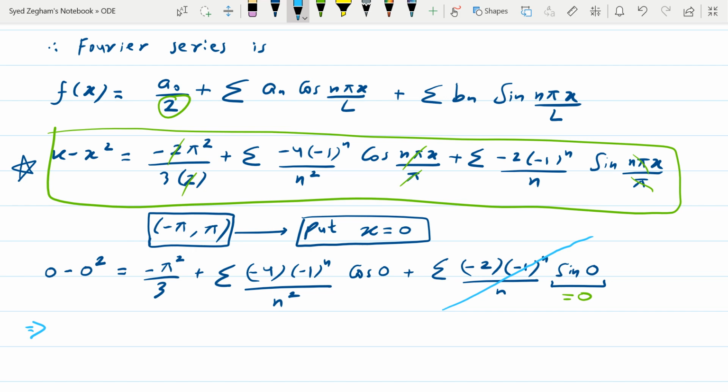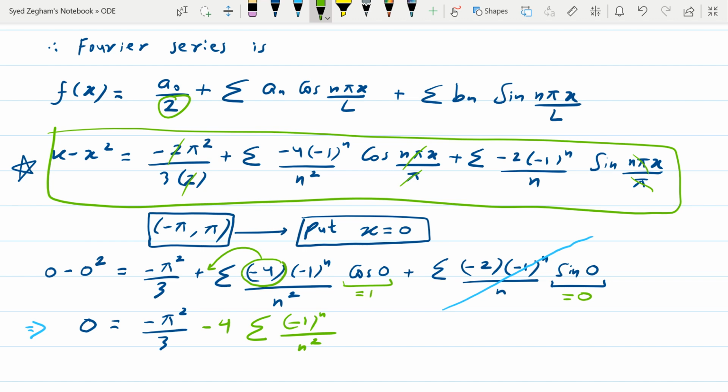Let us continue. This implies, the left hand side has become 0 now. This is minus pi square by 3. And inside the summation, you have a constant minus 4, which you can keep outside. So this becomes minus 4 times summation minus 1 to the power n over n square, and cosine 0, which is always equal to 1.